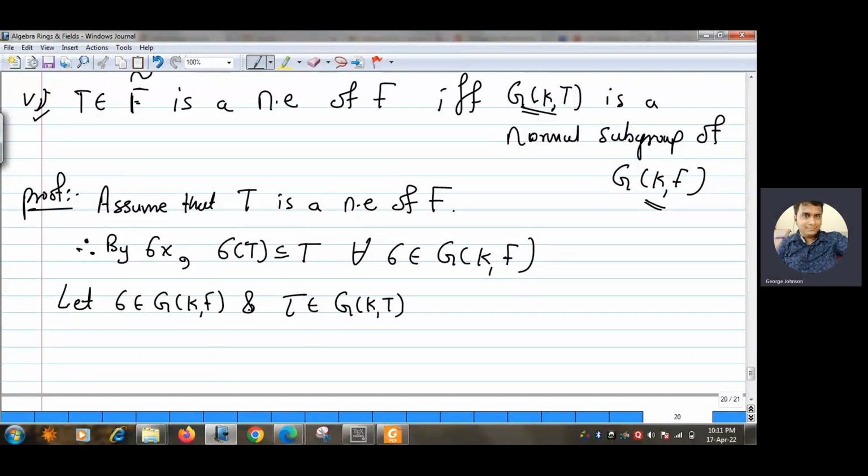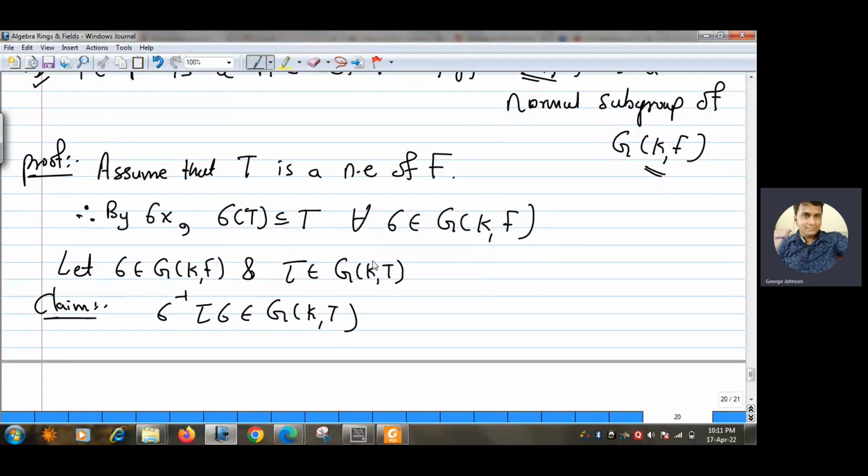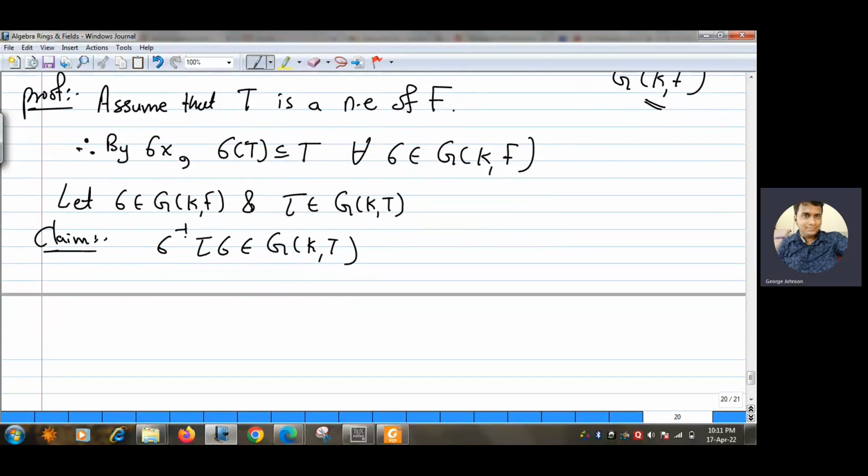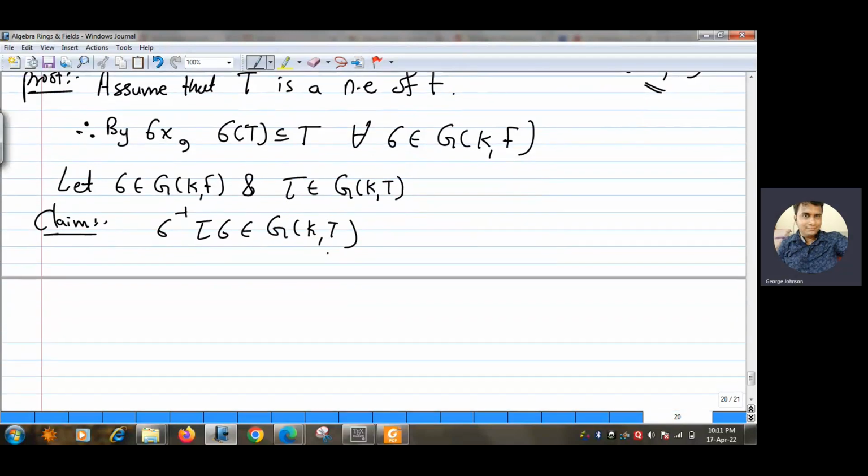Then in order to show that GKT is a normal subgroup of GKF, I need to prove that sigma inverse tau sigma belongs to GKT. This is now our claim. If we are able to show this, then we are done. So all I need to prove is that sigma inverse tau sigma belongs to GKT.